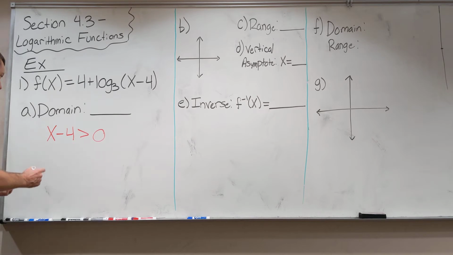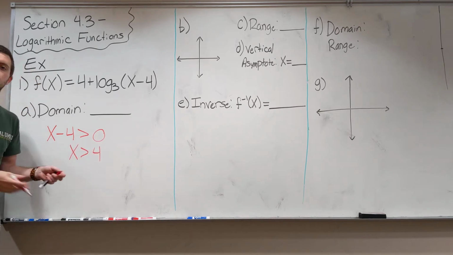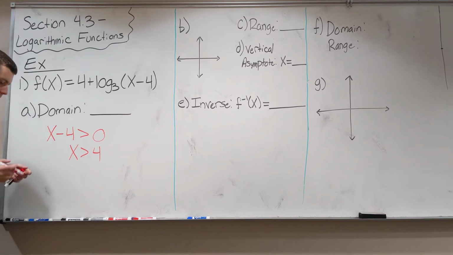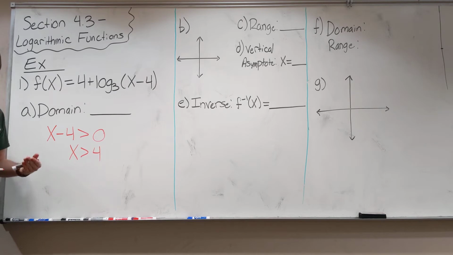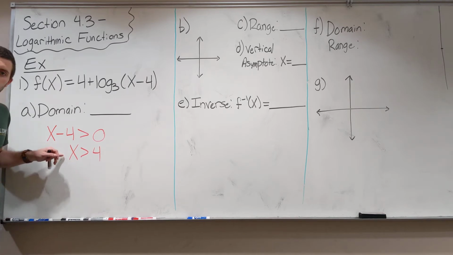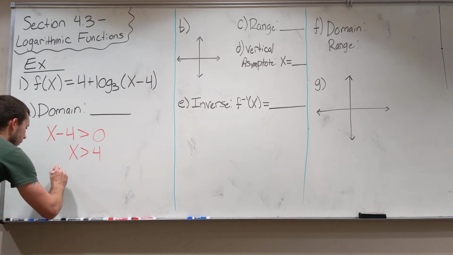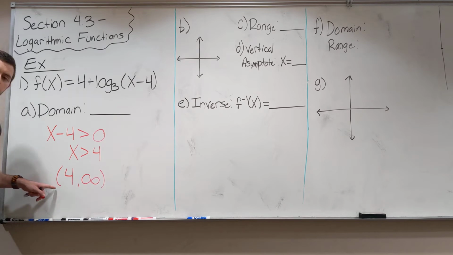And we solve for x, because that's what the domain criteria tells us to do. And once we set that and get x by itself, well, we get the answer, but we have to put this in interval notation, which is simply 4 to infinity, where 4 has a parenthesis because there's no equal to component.